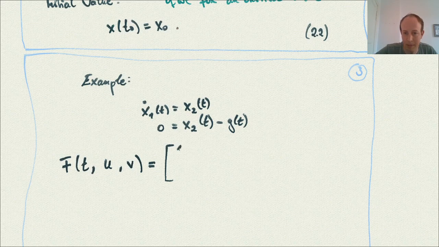This will be u1 minus u2, and here we will have, put it like that. No, that was wrong already.